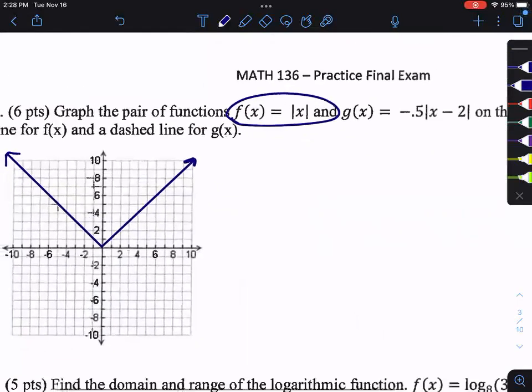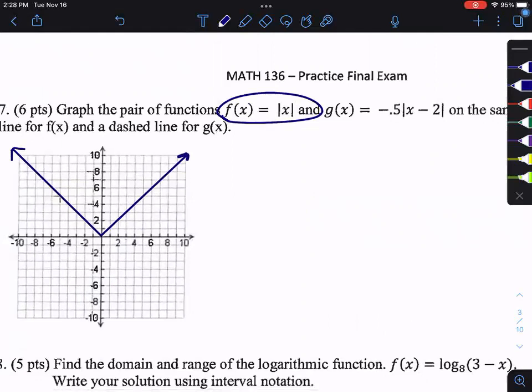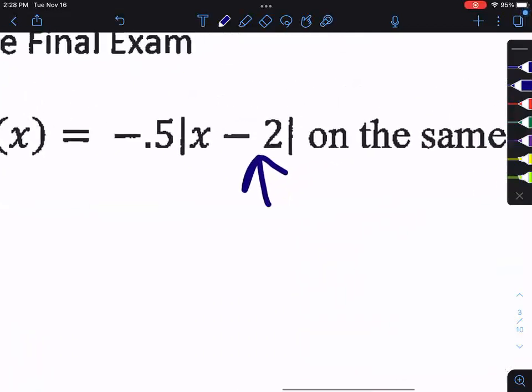And then looking at our new equation, I automatically see that the minus 2 is inside with the x and the absolute value bars. So I know that's moving to the right 2.